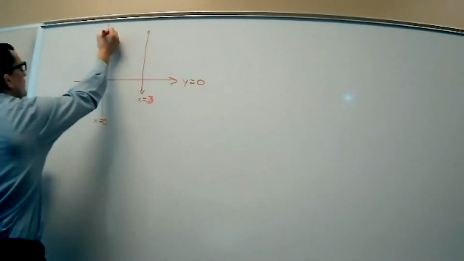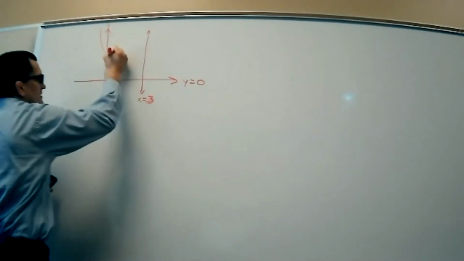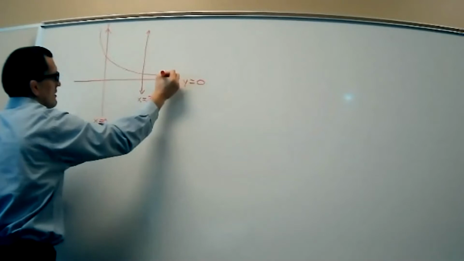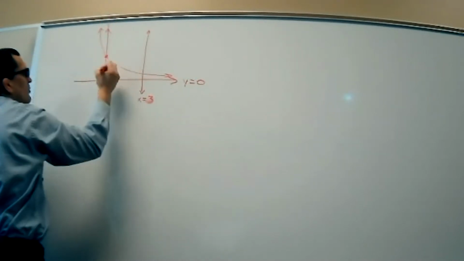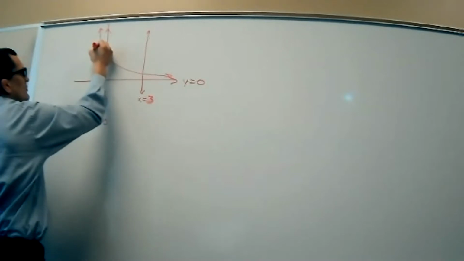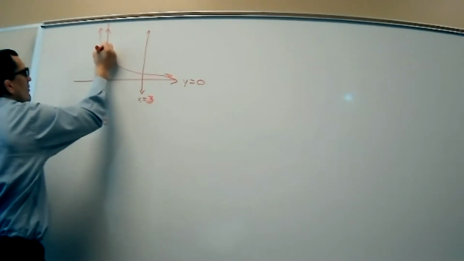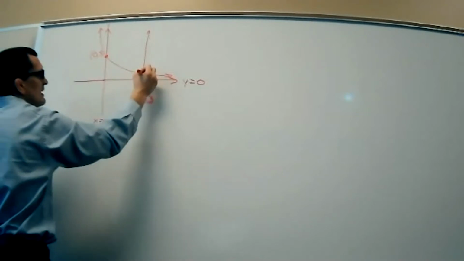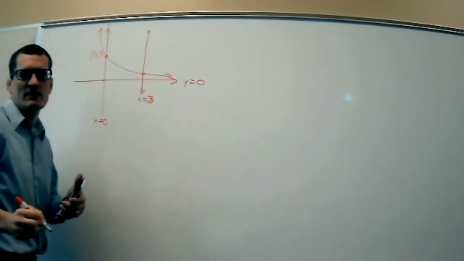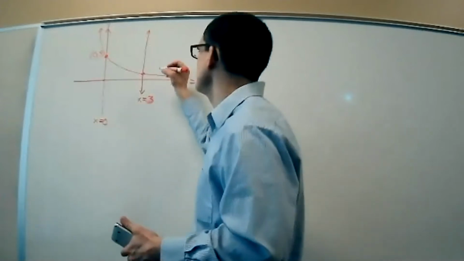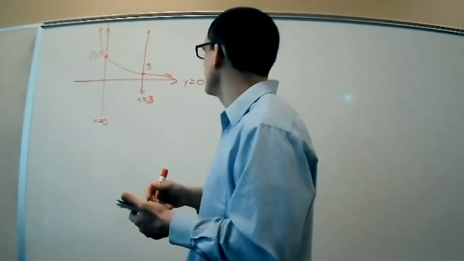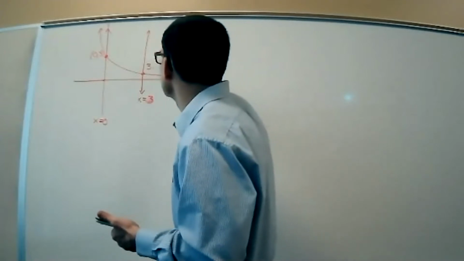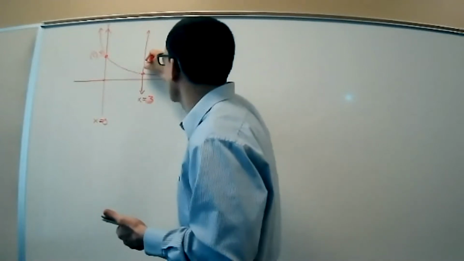The rational function does this. And if you note what points this goes through, the point 0, 3. And this down here obviously is the point 3, 3/4, I believe.